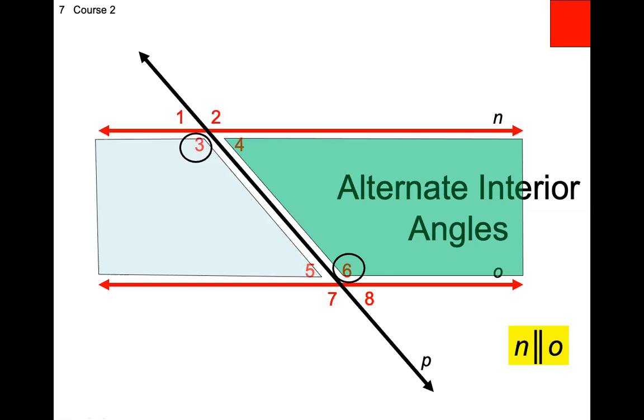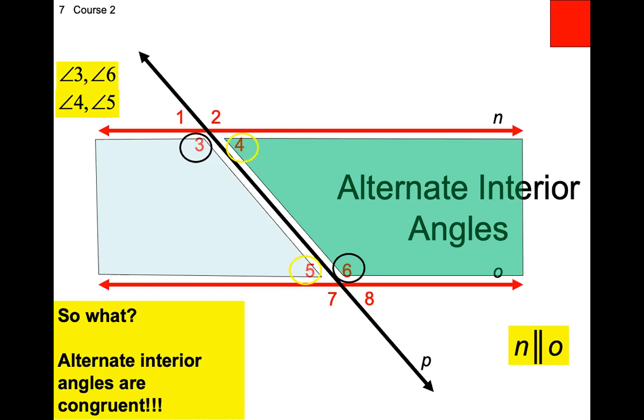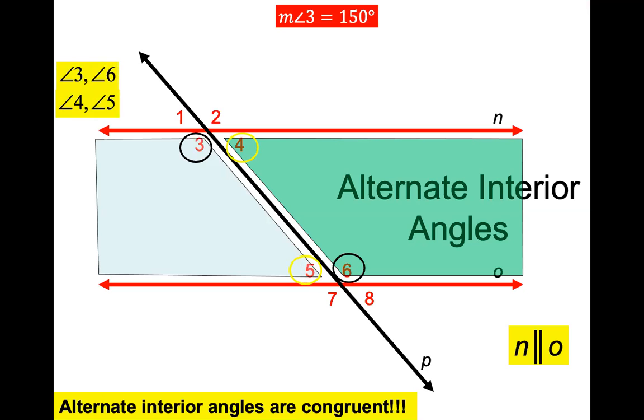Remember, we're talking about interior angles. 3 is on the left, 6 is on the right. When they alternate, both left and right, top and bottom, they are alternate interior angles. And it turns out they are congruent. So 3 and 6 are congruent, and 4 and 5 are congruent. So those two things: corresponding angles are congruent, and alternate interior angles are congruent.